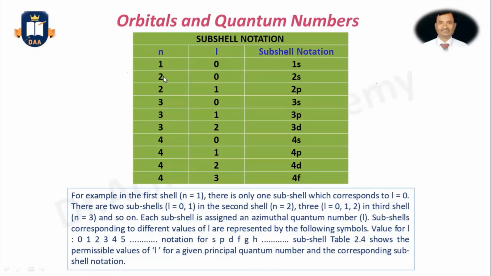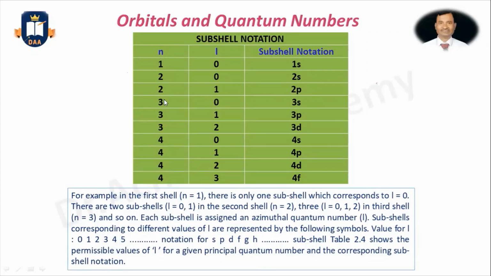And when n is equal to 2, based on l, it is 0, 1. That means the number of subshells is 2, one is denoted by 2s and another is denoted by 2p.